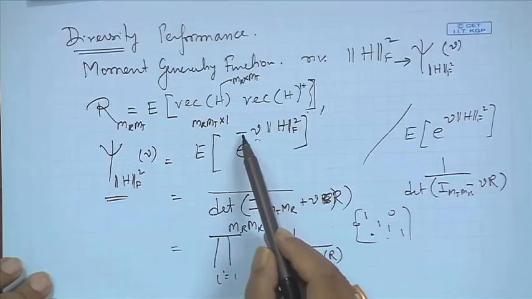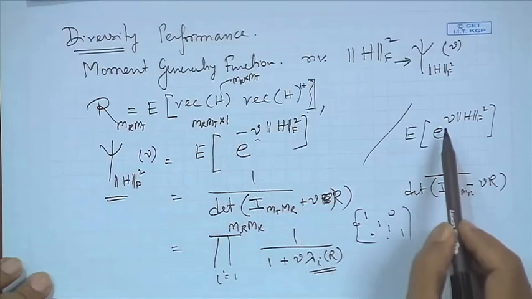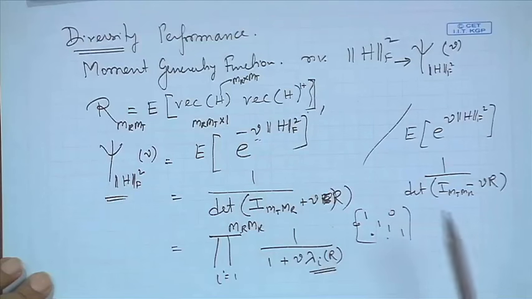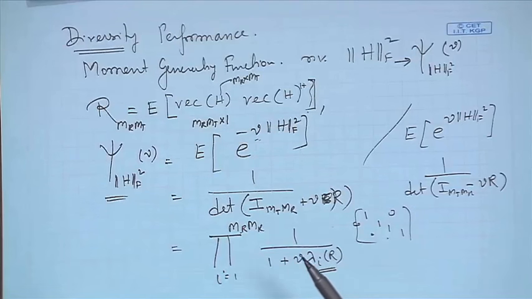I have already said this could be a minus, this will become a plus. If there is a plus over here, it would become a minus over here. It just doesn't matter basically, because this whole expression will be used. So the sign is unimportant in our case. We'll be using this for calculation of probability of error, which is again a very, very important expression. We'll be using this in the future lectures on performance calculation of diversity schemes in MIMO.